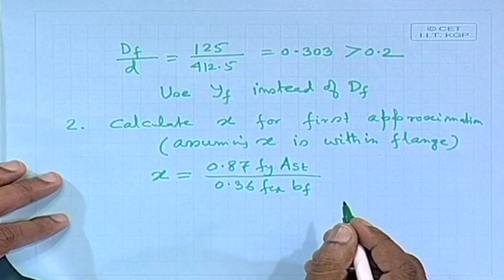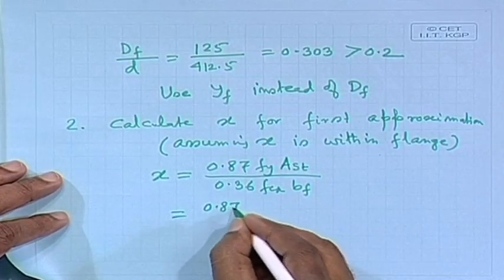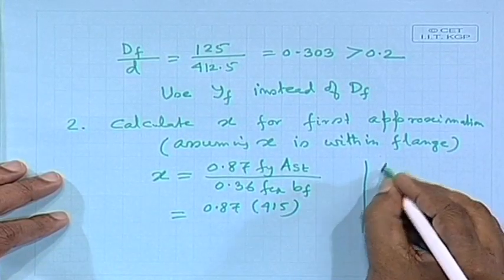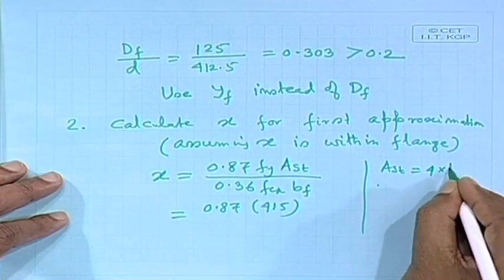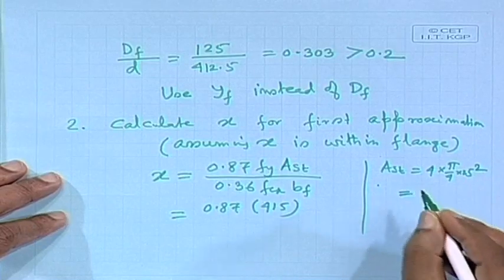So, 0.36 fck bf x equals 0.87 fy times area of steel, 4 into pi by 4 into 25 square.